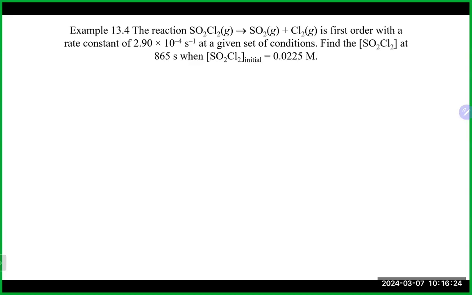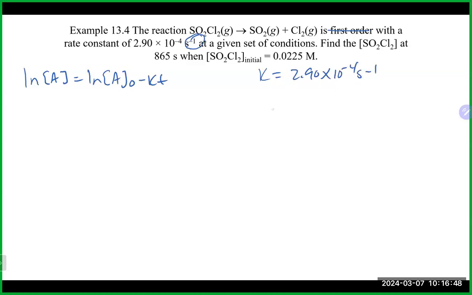Okay, so once again, let's take a look. If they did not tell you the order, which is very common, we look at the rate constant. We see reciprocal seconds, which tells us it definitely is first order, and we should be using our equation here. We have our rate constant, 2.9 times 10 to the minus 4 reciprocal seconds. We're looking for our final concentration.